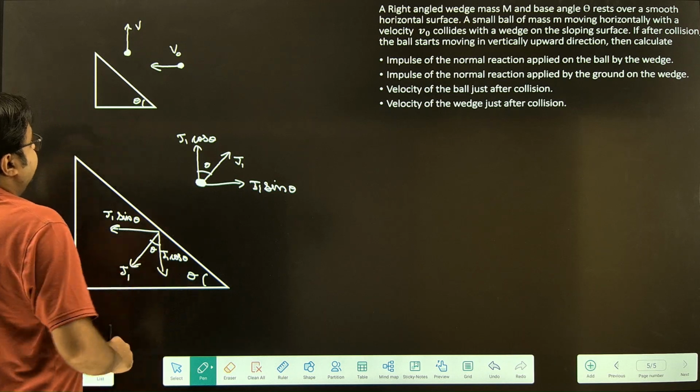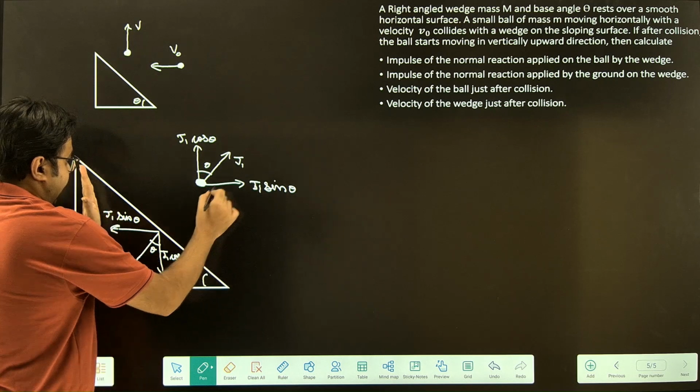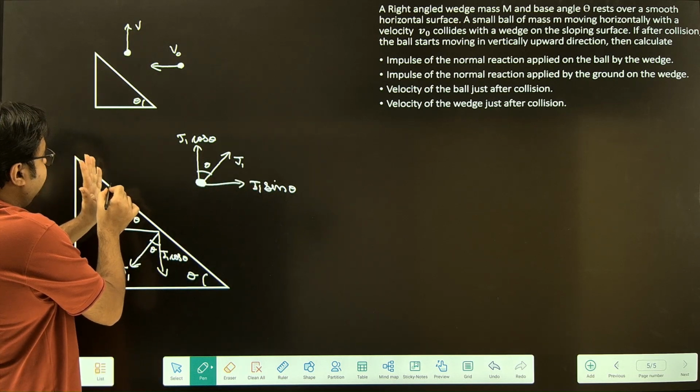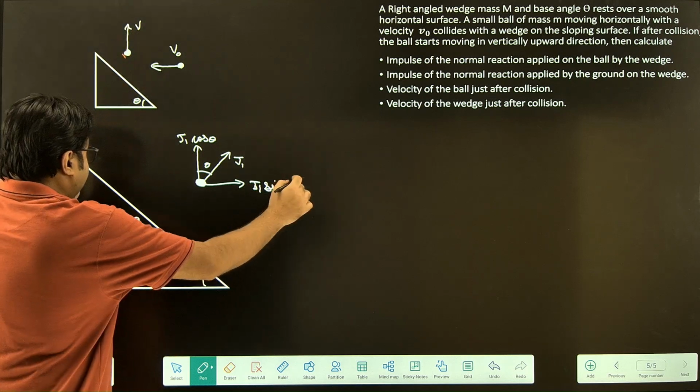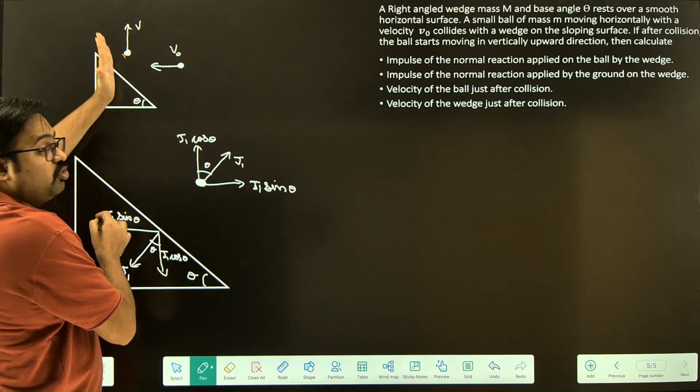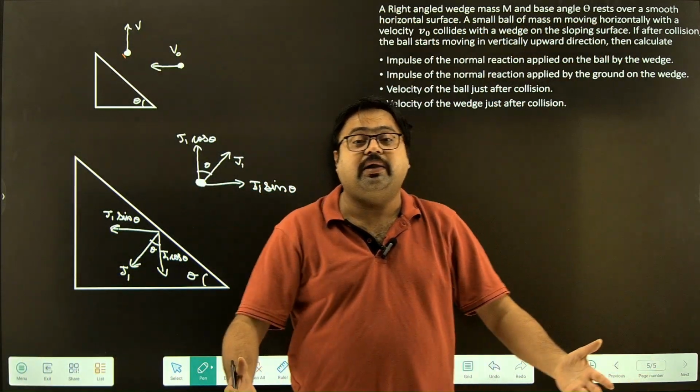If you just look at it, the ball was moving along the horizontal. It hit the wedge and then it stopped moving along the horizontal. It's only moving along the vertical now. It came, hit the wedge, and then it's moving along the vertical, so it's not moving along the horizontal at all.